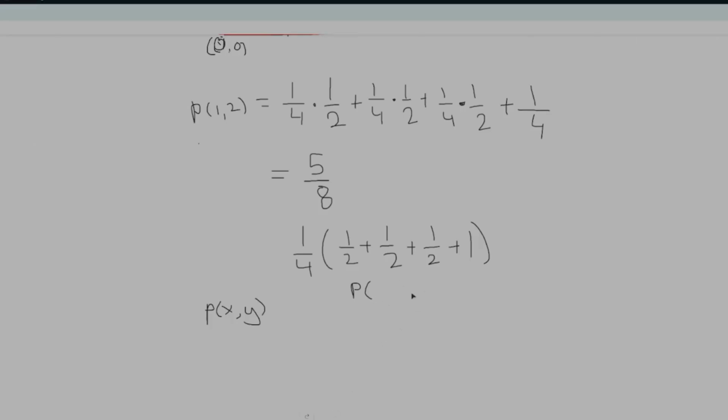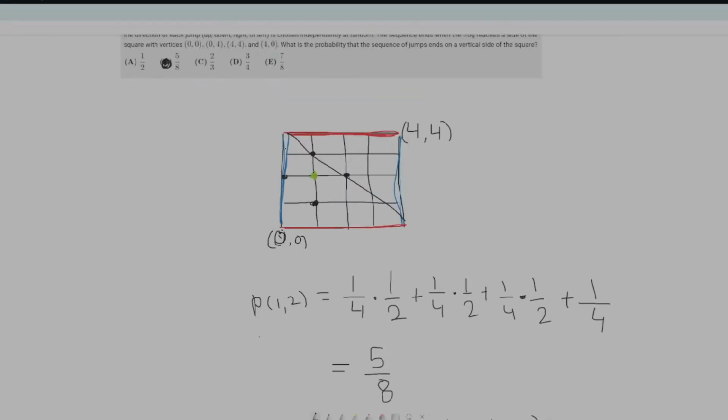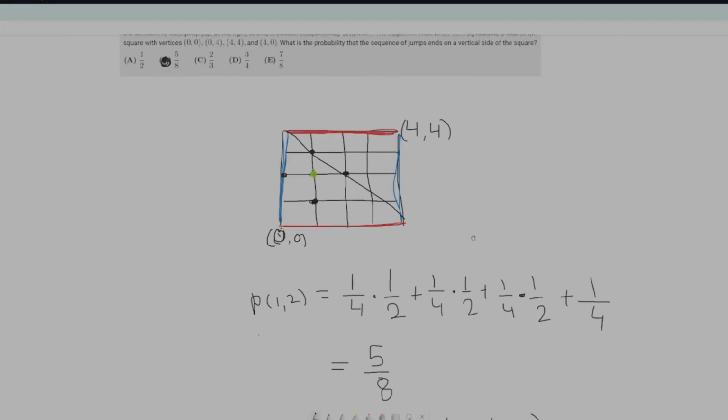So obviously the y-axis is always going to be 0. So the probability of winning from points 0 to 4 is equal to 100%. And you know what, guys? I'm just not going to write these boundaries because they're kind of weird. But basically, we know that if we start on this point, we already won. And if we start on this point, we already lost.